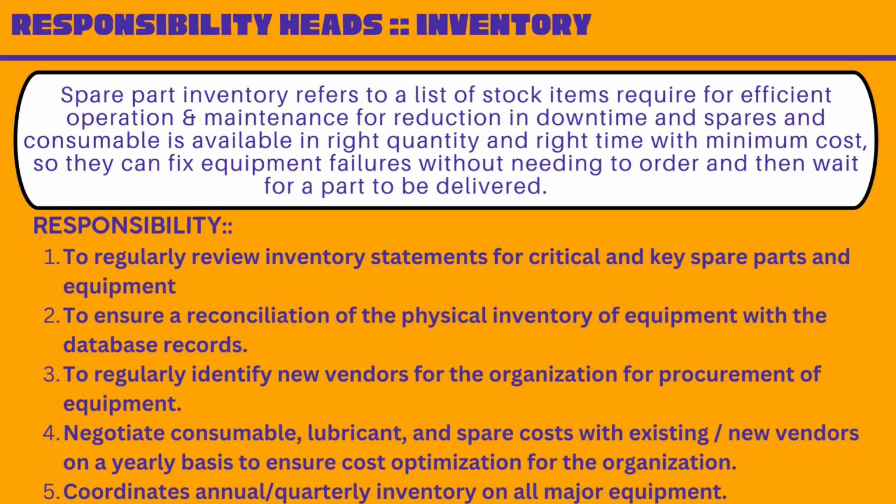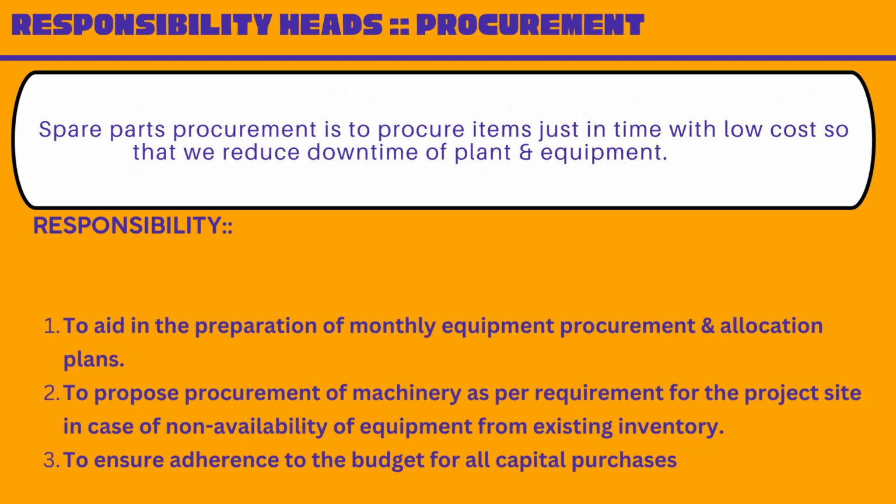11. Procurement. Spare parts procurement is to procure items just in time with low cost so that we reduce downtime of plant and equipment. Responsibility. Times to regularly identify new vendors for the organization for procurement of equipment.